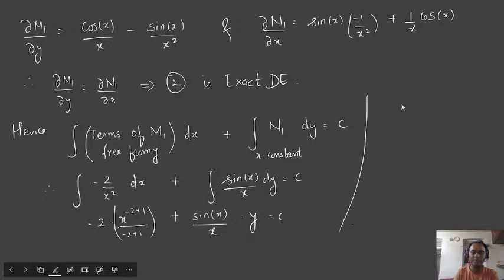Hence my solution becomes minus 2 into x raised to minus 1 over minus 1 plus y sin x over x equals c. So therefore we have here 2 over x plus y sin x over x equals c. This is the answer.